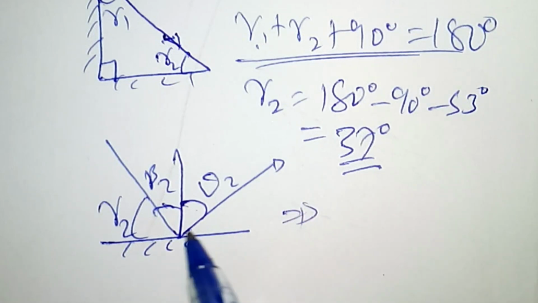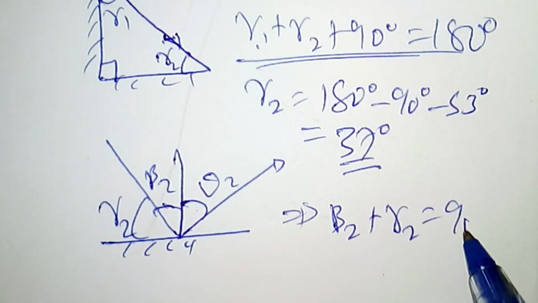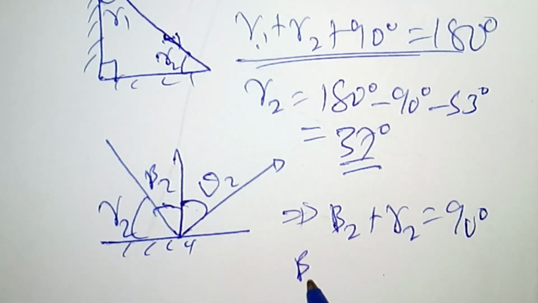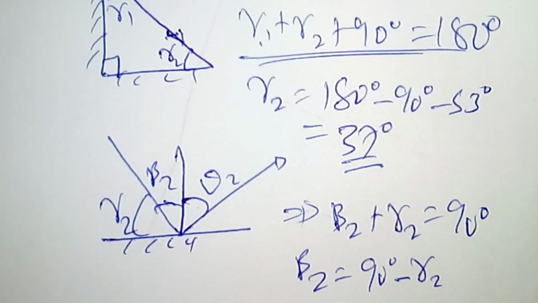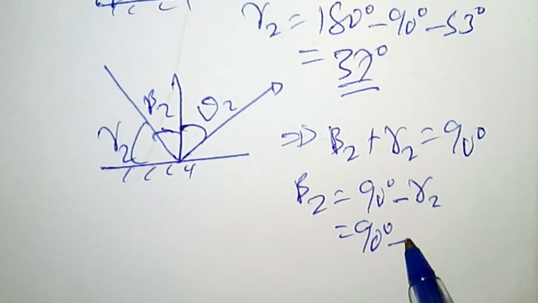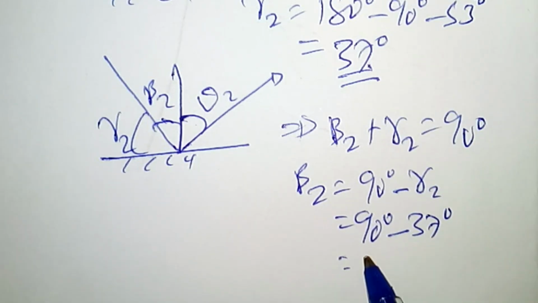So we can see that beta 2 plus gamma 2 is equal to 90 degrees. Then beta 2 becomes 90 degrees minus gamma 2, which is 90 degrees minus 37 degrees, which we have calculated. So beta 2 becomes 90 minus 37, which is exactly 53 degrees.